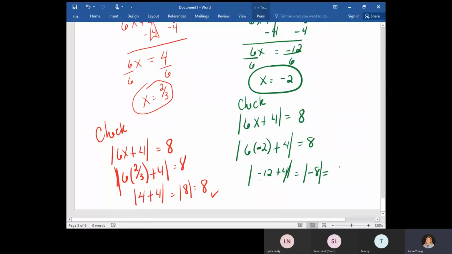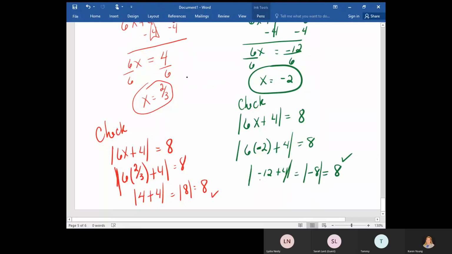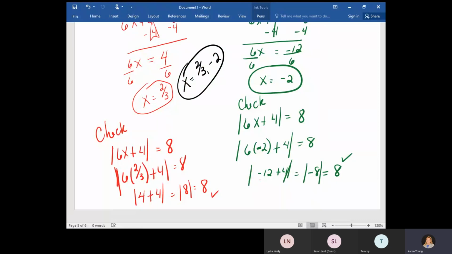The absolute value of -8 is +8. So this one checks. So then x has two answers. X can equal 2/3, or it can equal -2. So with an absolute value, x can equal two different numbers.